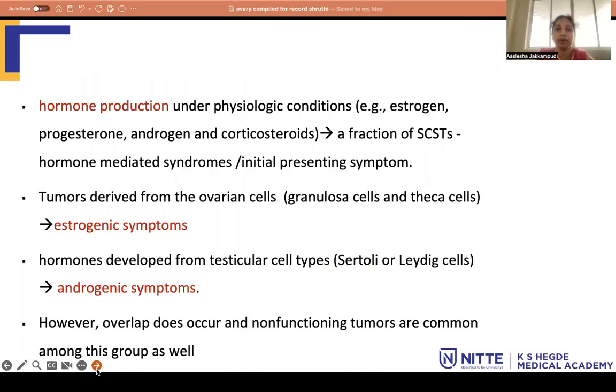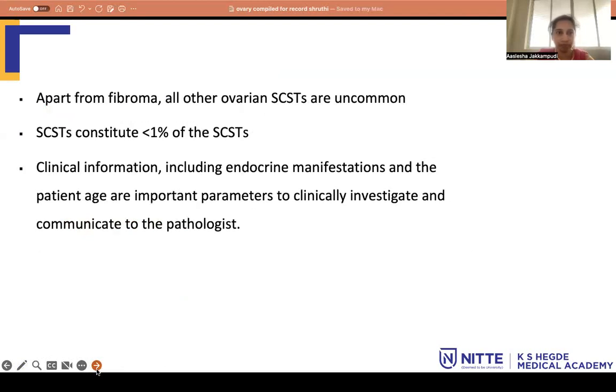Tumors derived from the ovarian cells, that includes granulosa and theca cells, will present with estrogenic symptoms like endometrial hyperplasia, whereas tumors derived from the testicular cell types, for example Sertoli cell tumor or Leydig cell tumor, will present with androgenic symptoms like virilization. But overlap does occur in these tumors, and non-functioning tumors are also common in this group.